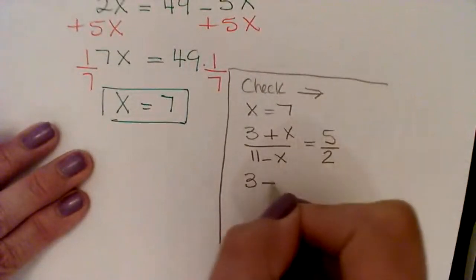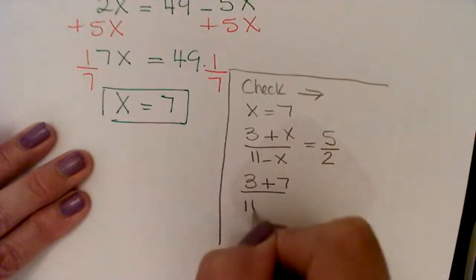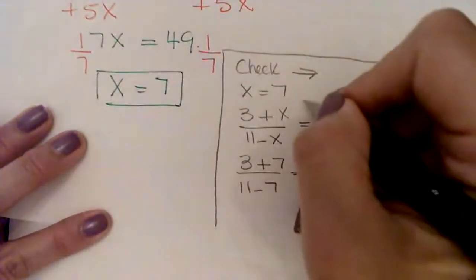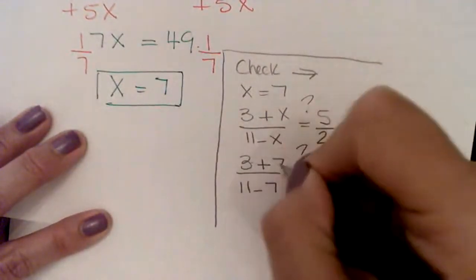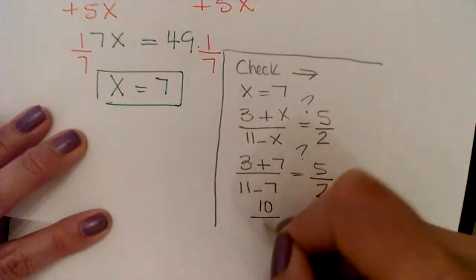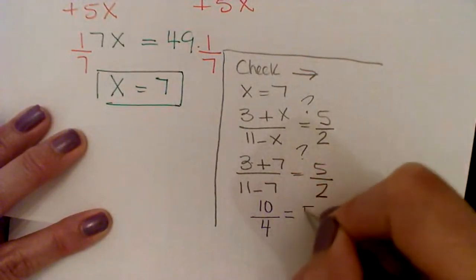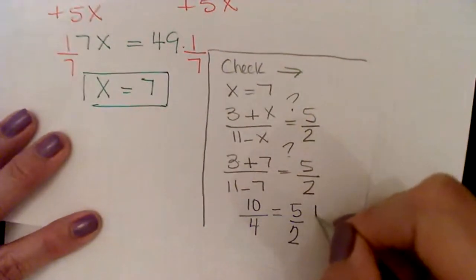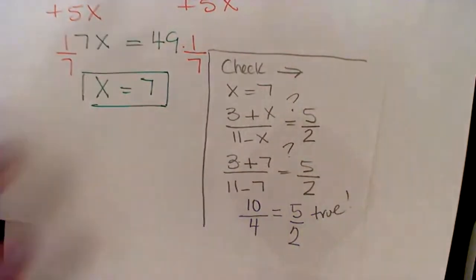So let me replace it. 3 plus 7 over 11 minus 7. We're going to find out if it's equal, right? 3 plus 7 is 10. 11 minus 7 is 4. Is this equal to this? Yes, it is. Okay.